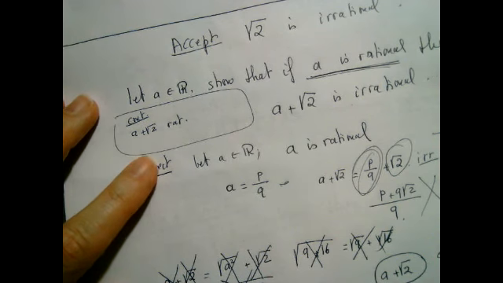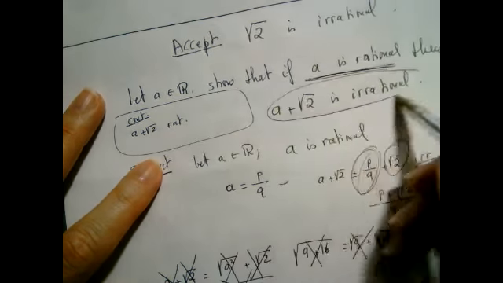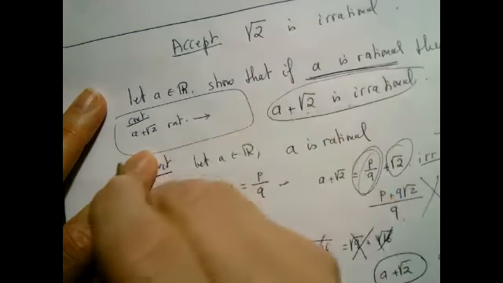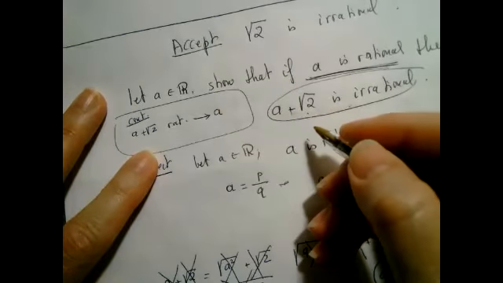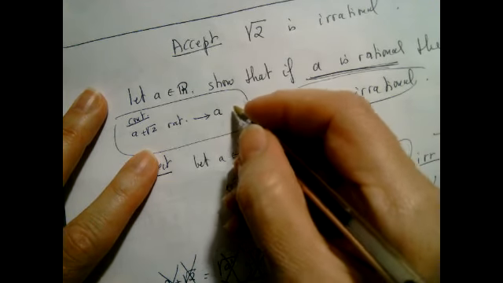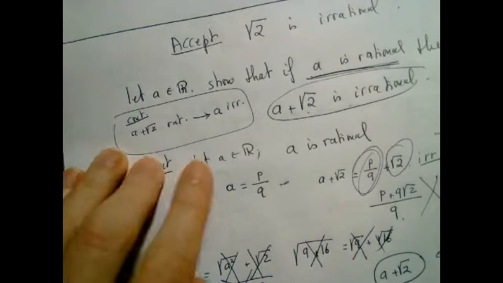If you don't tell me yes, I will stop. Yes. In the contrapositive, we assume this is rational, and what do we prove? Is irrational. Am I looping? Do I still have a problem?